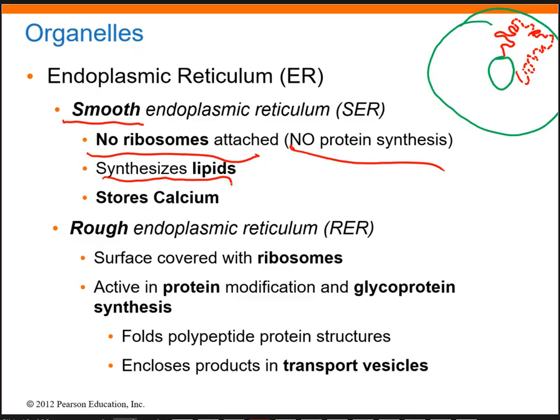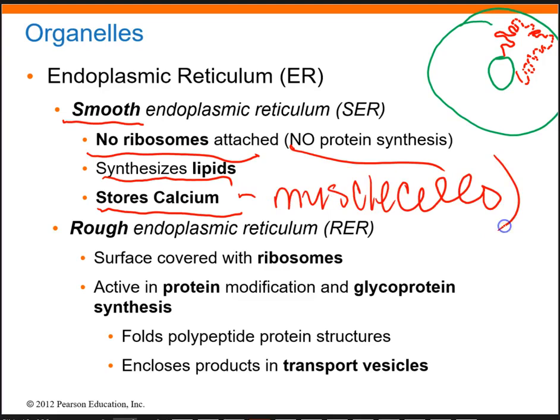They're made in the smooth ER. This is also where in specific cells we store huge amounts of calcium. Muscle cells have a very specialized smooth ER that stores a huge concentration of calcium. But we'll talk about that more when we look at the actual muscle chapter.